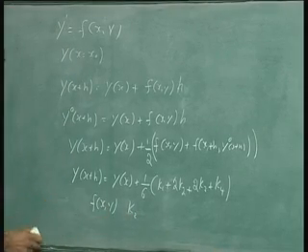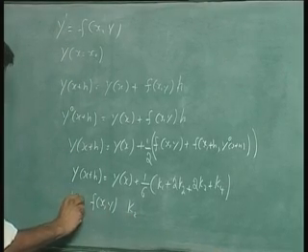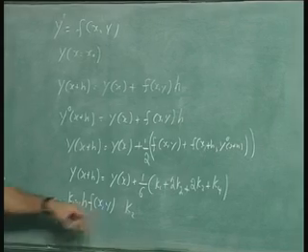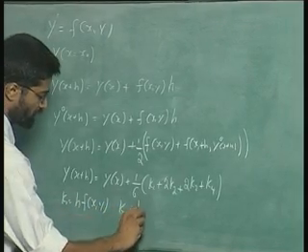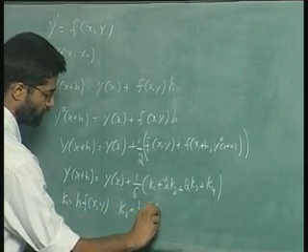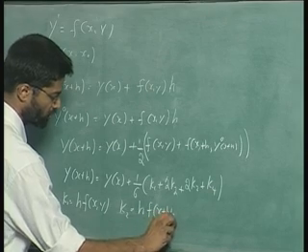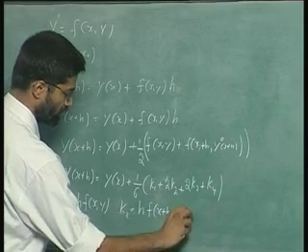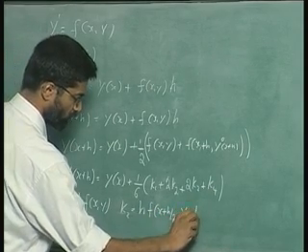So k1 was h times f of x y, and k2 was h times f evaluated at x plus h by 2 and y plus k1 by 2.